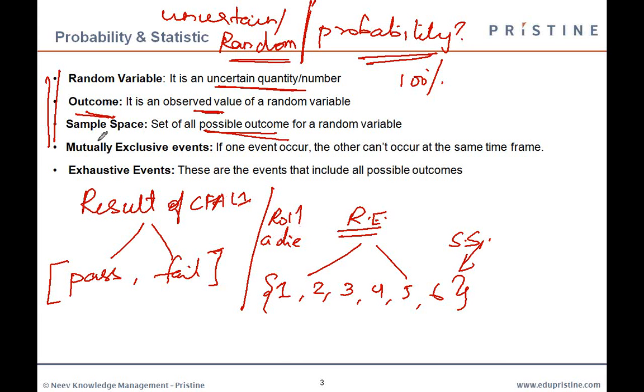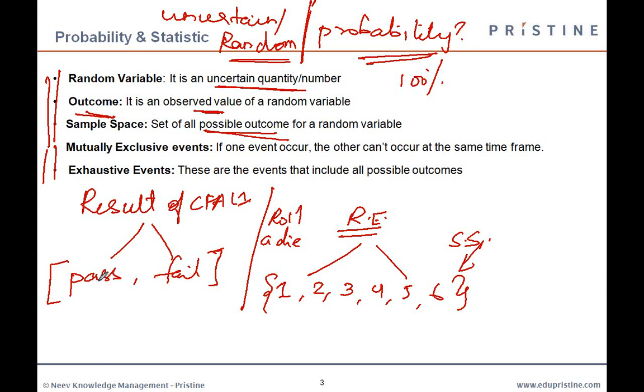Now let's move on to the next set of definitions: mutually exclusive events and exhaustive events. Mutually exclusive, as the term means, they both can't occur together. That is, if one outcome occurs, others are guaranteed not to occur. Let's first take the example of the result of CFA level 1.